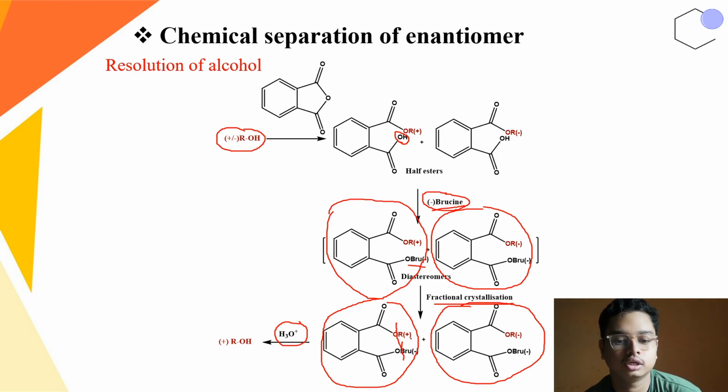So we get our desired, optically active alcohol back. Here our point of interest is to generate the plus alcohol from this racemic mixture, and by this separation process we are easily getting this compound.